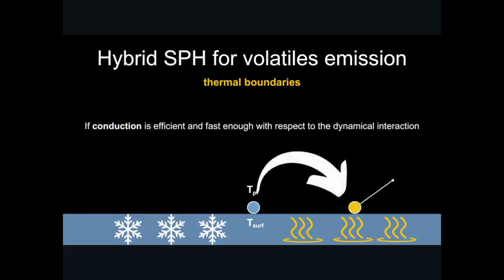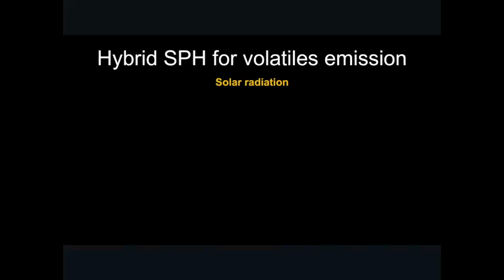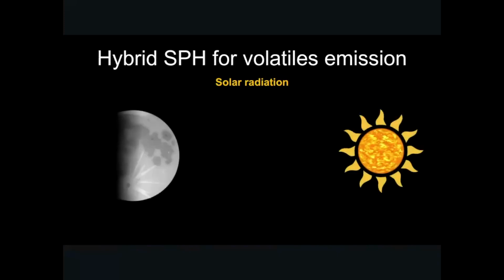And you can imagine that in the opposite case, when you have a hot surface, your particle can increase its energy, and if it was a descriptor of the icy grains component, it can eventually sublimate. And this comes with the solar radiation, because the first thing that solar radiation does is give you shadowed regions and illuminated regions.